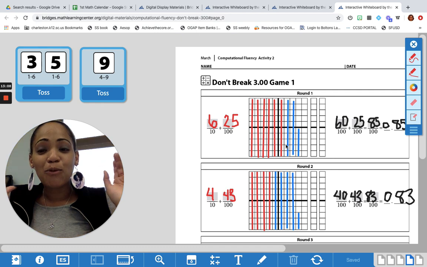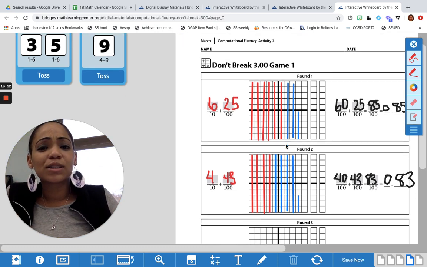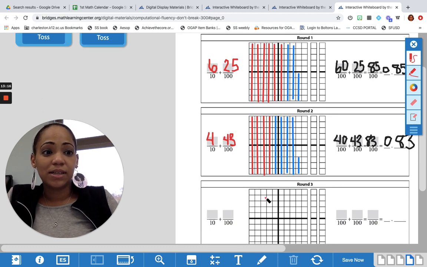I would go over. Yikes, this is a hard decision. So maybe this is what I'll do. I will take my 9 still in the tenths place. And let me represent my 9 hundredths.